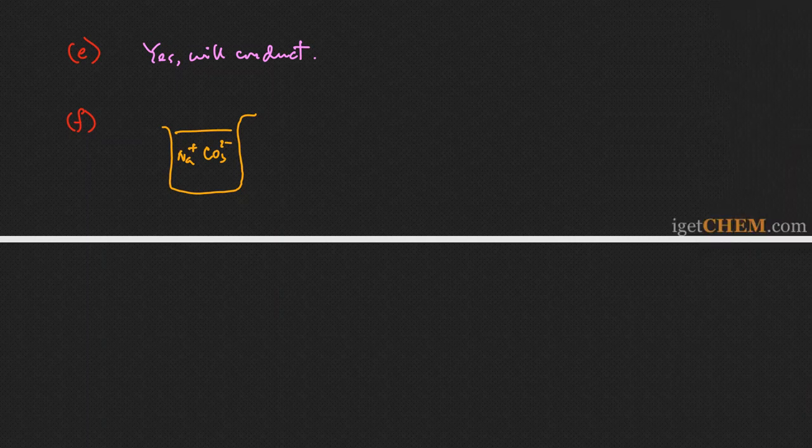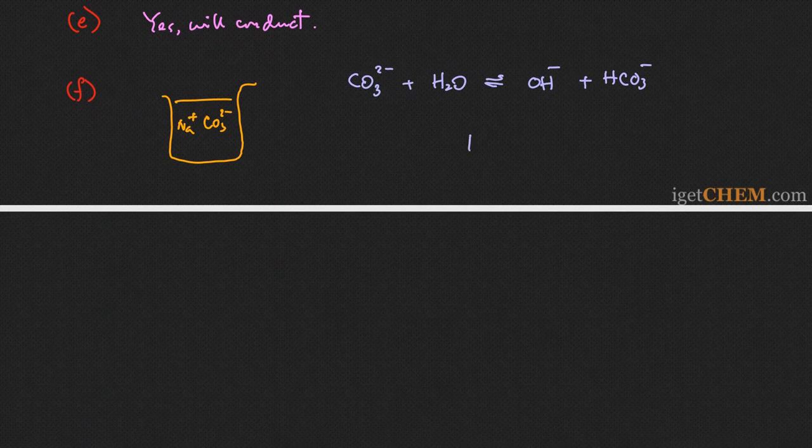So the acid-base equilibrium that we are talking about is carbonate acting as a base, grabbing a proton from H2O, turning it to OH minus, and itself becoming the conjugate acid HCO3 minus. And of course, you can write down the Kb for that.